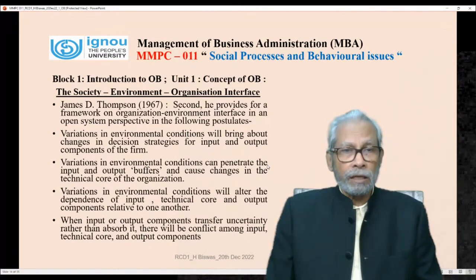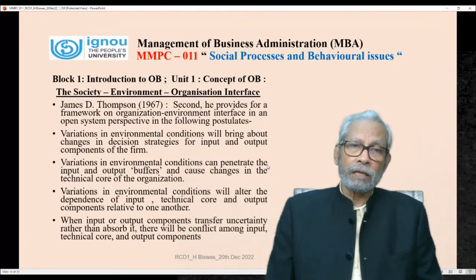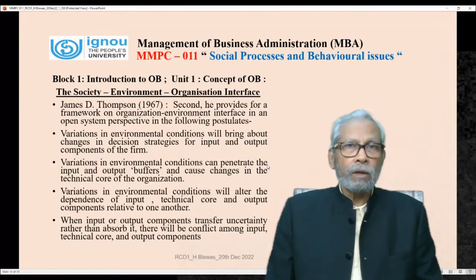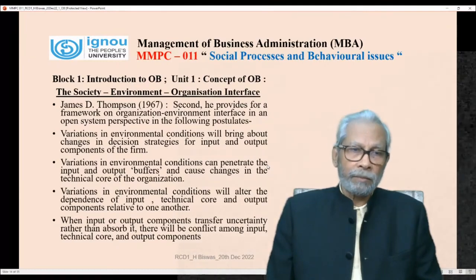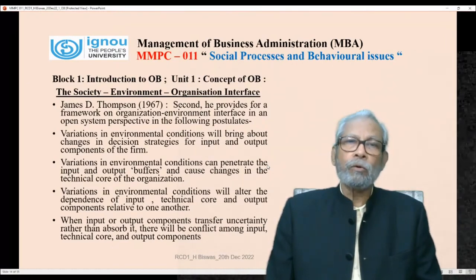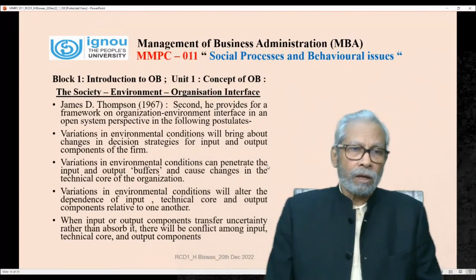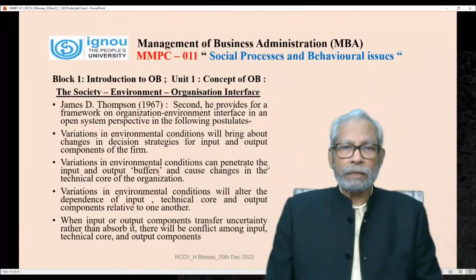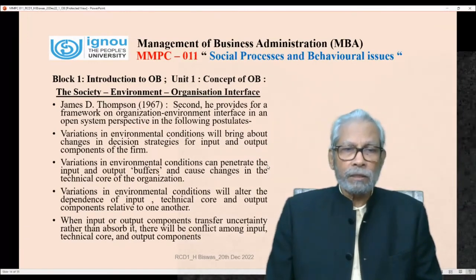Then variations in environmental conditions can penetrate the input and output buffers and cause changes in the technical core of the organization. Variations in environmental conditions will alter the dependence of input, technical core, and output components relative to one another. When input or output components transfer uncertainty rather than absorb it, there will be conflict among input, technical core, and output components.